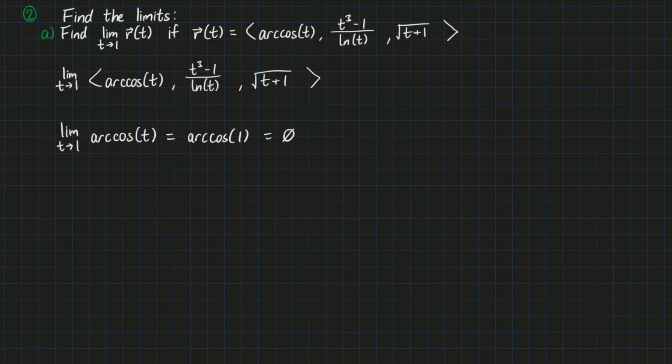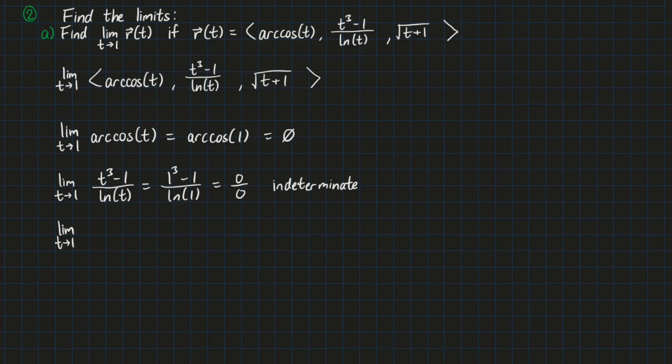Next, we can take the limit as t approaches 1 of t cubed minus 1 over the ln of t. If we try direct substitution, we'll have 1 cubed minus 1 over the ln of 1, which gives us 0 over 0, and this is indeterminate. And since we have 0 over 0, we can use L'Hopital's rule.